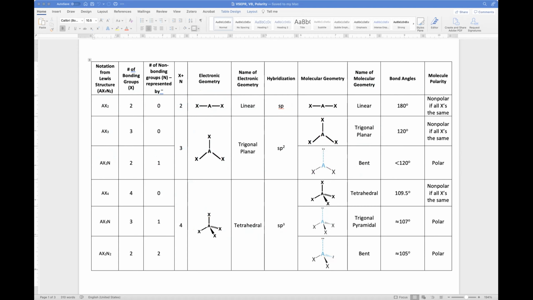So what do I actually remember? One of the things I remember is these three columns. Well, actually, this column helps me with, in a way, this column.